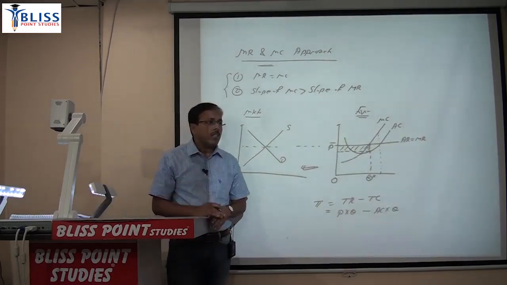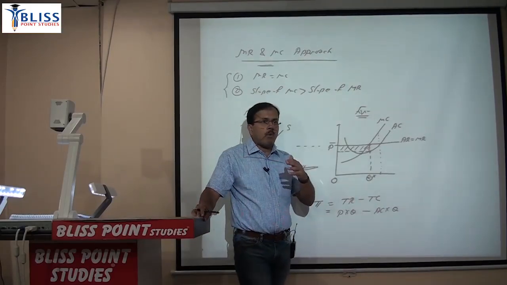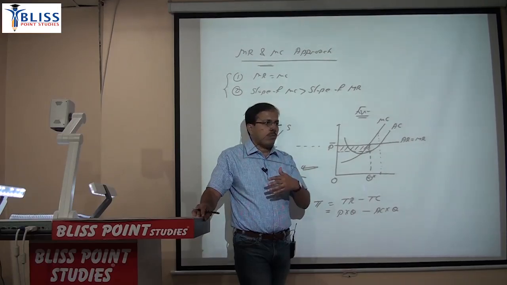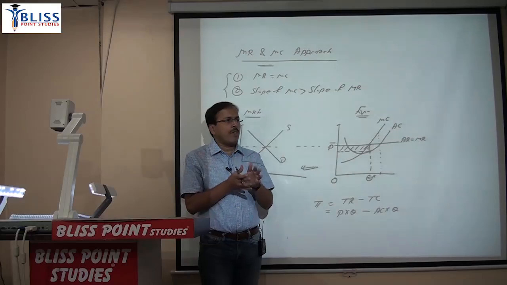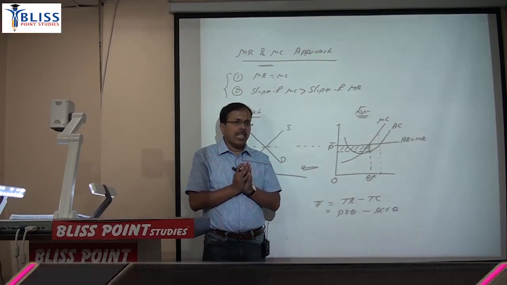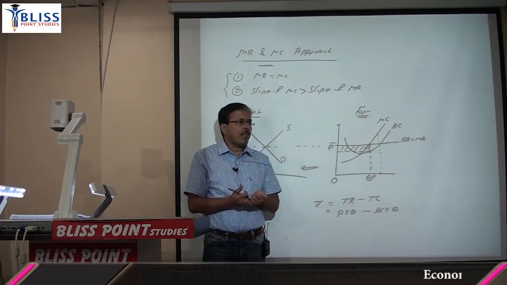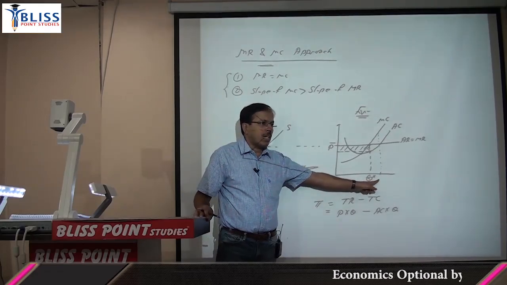What does it imply? By producing more quantity, the firm will add more to cost and less to revenue. So if you add more to your cost and less to your revenue, it means you are reducing your own profit. So it is unprofitable to produce more than that.